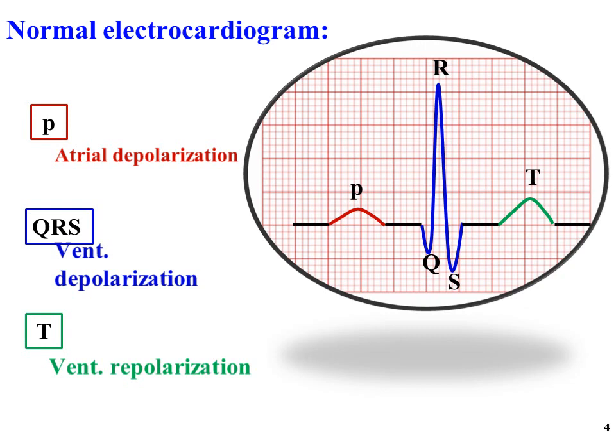P: atrial depolarization, QRS: ventricular depolarization, T wave: ventricular repolarization. The atrial repolarization: there is no wave for atrial repolarization because it is obscured by the large QRS.